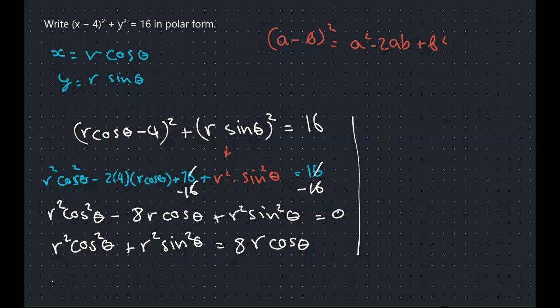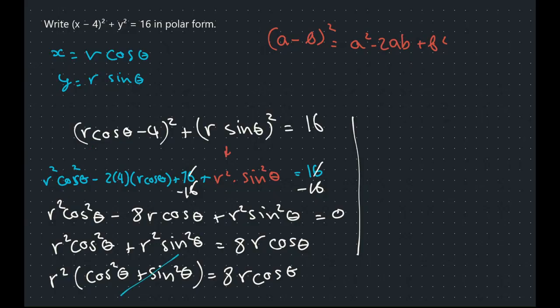So if I take r squared outside of this, I will get cosine squared theta plus sine squared theta, and all of this is again equal to 8r cosine theta. The beautiful thing about this is that it is equal to 1. So I can write it like this. R squared is equal to 8r cosine theta.